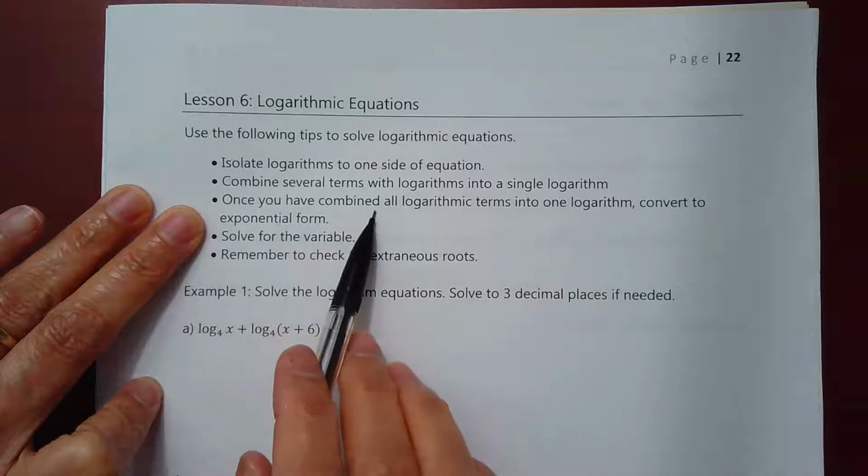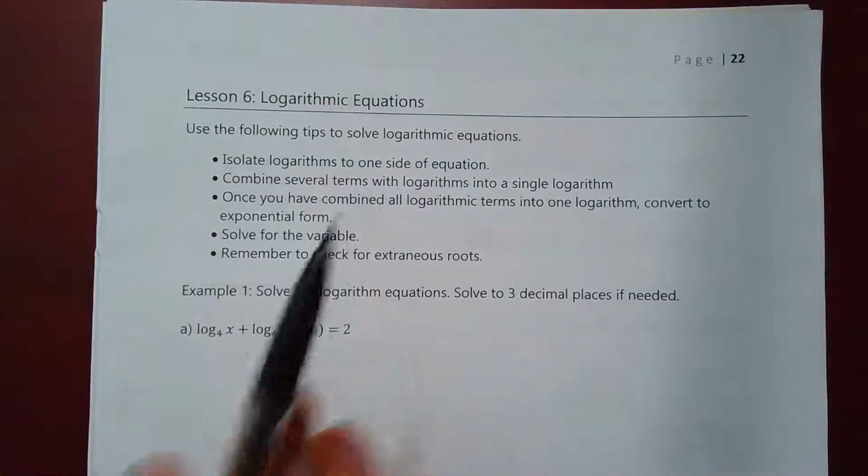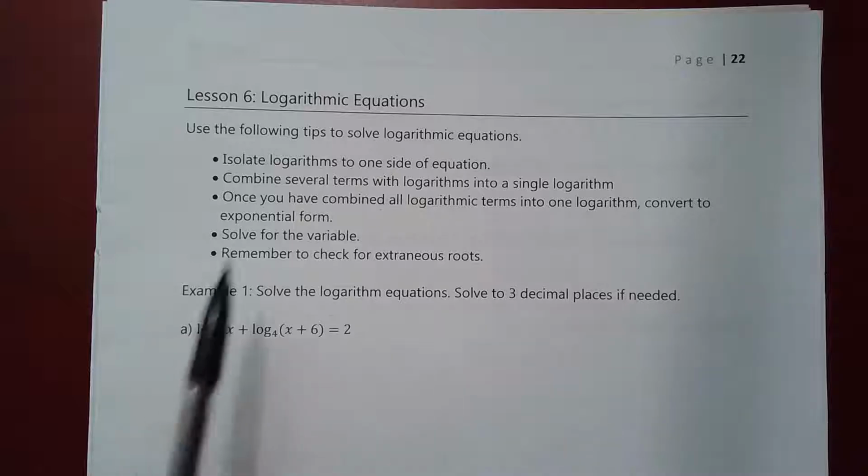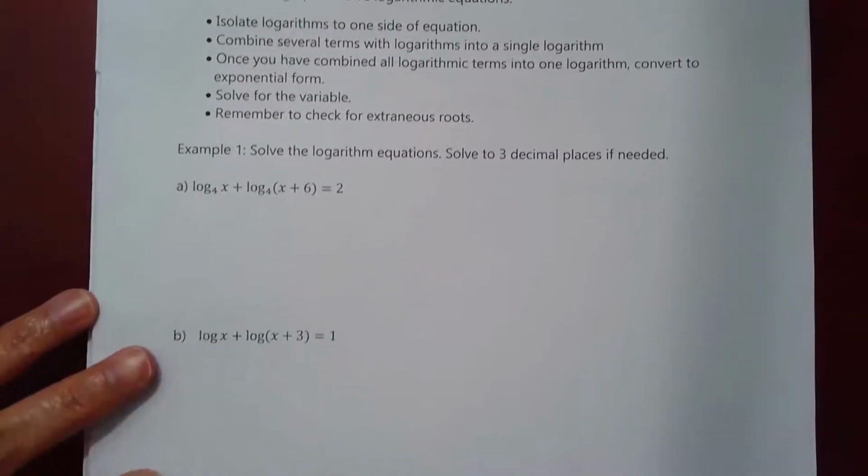Once you have combined all logarithm terms into one logarithm, convert into exponential form, and then solve for the variable. Remember to check for extraneous roots. So let's go ahead and do that one right now.